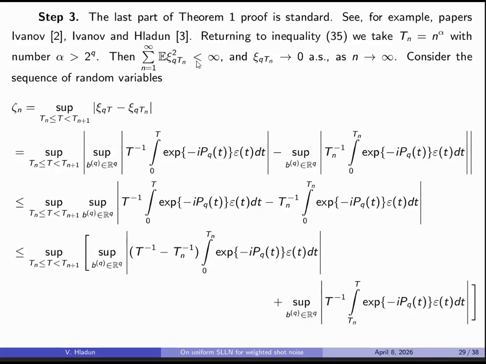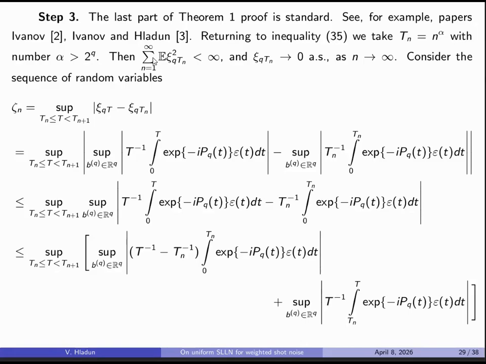Okay, let's go on. The next step 3, the last part of the proof of Theorem 1, is standard. See, for example, papers Ivanov 2 and Ivanov and Hladun 3. Returning to inequality 35, we take here capital T with index n equal to n to the power of alpha, with number alpha greater than 2 to the power of q.